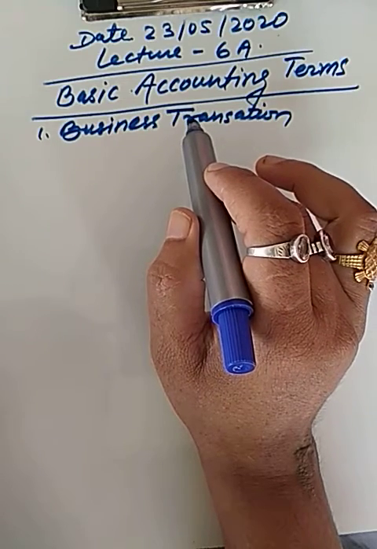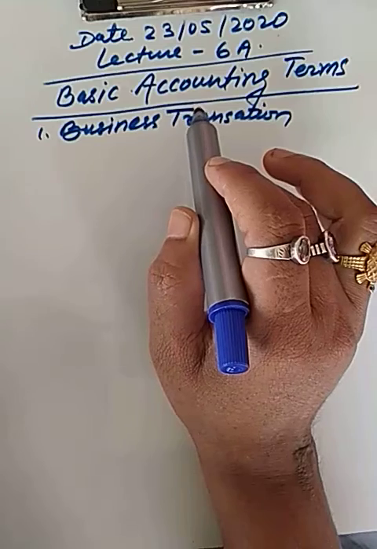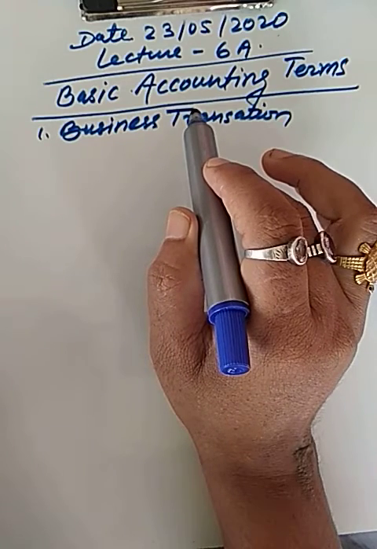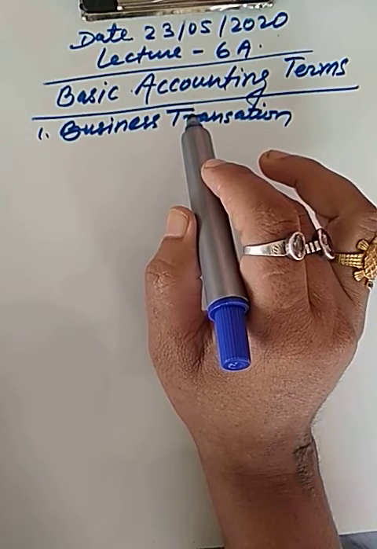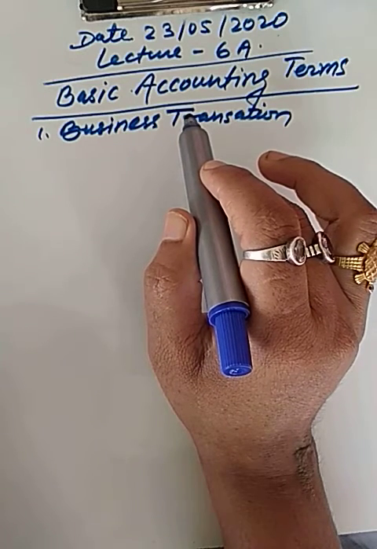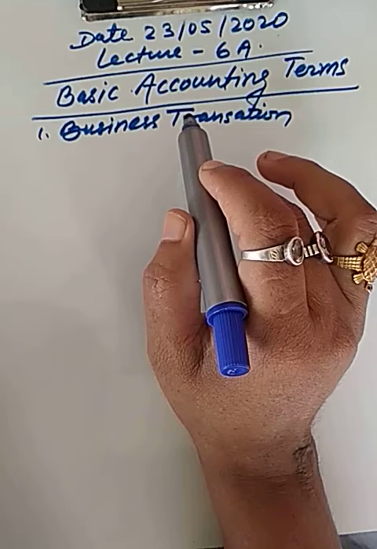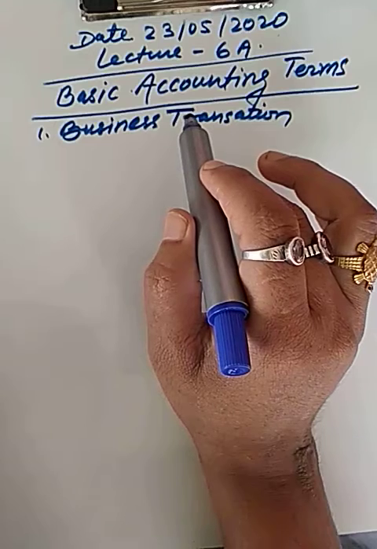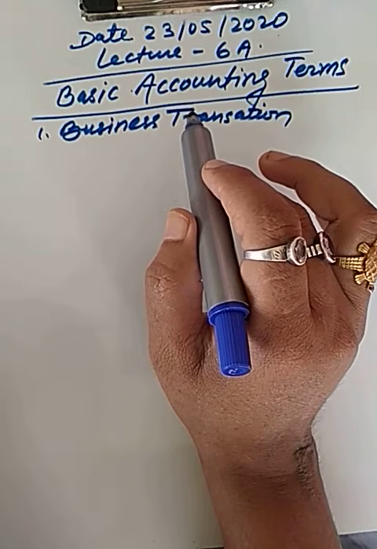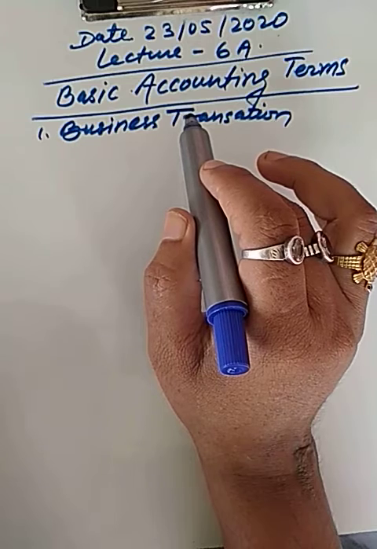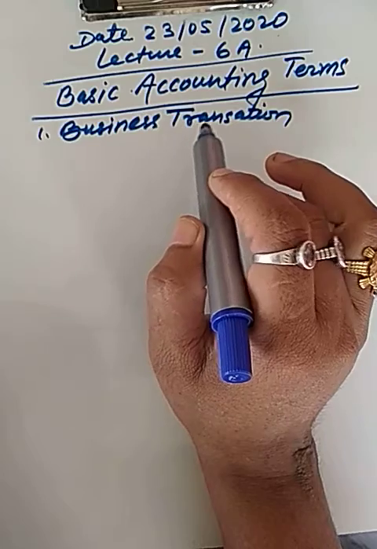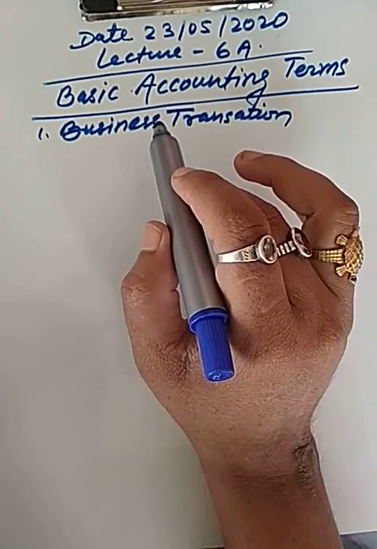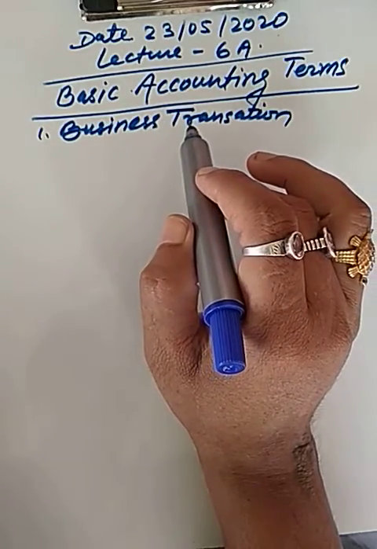Another feature is that transactions may be classified into two types, external transactions and internal transactions. External transactions involve economic activity, and internal transactions are those economic activities that take place entirely within one business entity, such as depreciation charge on fixed assets.